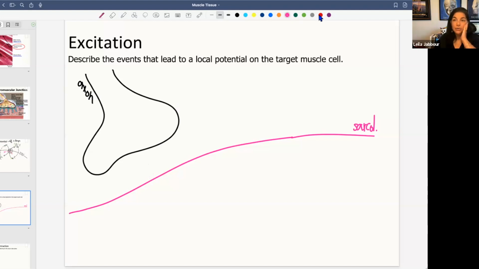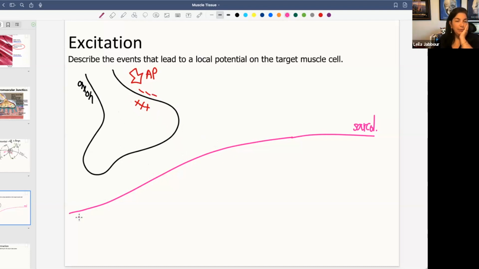So there is an electrical impulse that we call the action potential. The action potential is in the form of a depolarization at the membrane. So when there is an electrical impulse traveling down the membrane of a neuron, the idea is we need to transfer that electrical impulse to this muscle cell. And once it's transferred to this muscle cell, then we have an excitation.